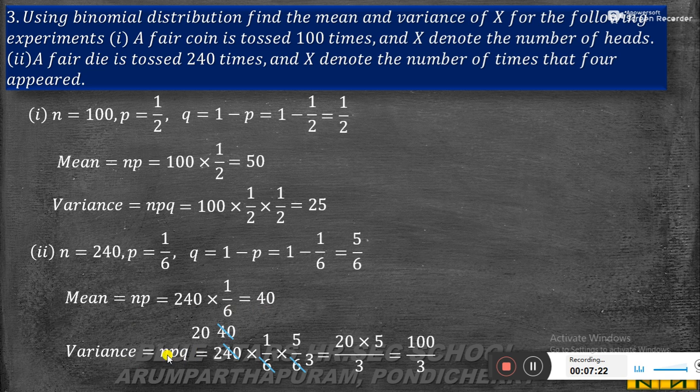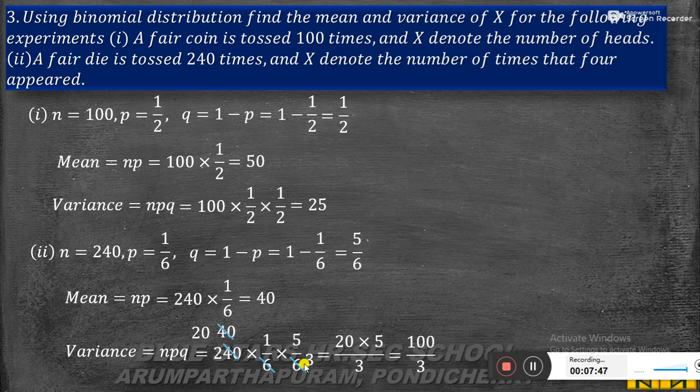Npq means the n value is 240, p value is 1 by 6 into q value 5 by 6. We divide 240 by 6, the answer is 40. Again 6 divides 40 and 3 by 2, so I cancel 40 by 20, so 20.